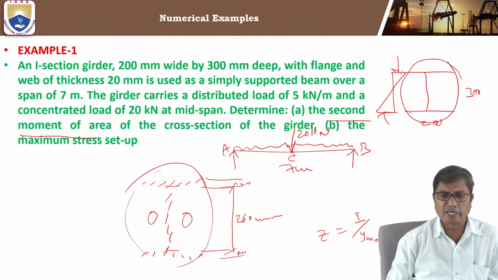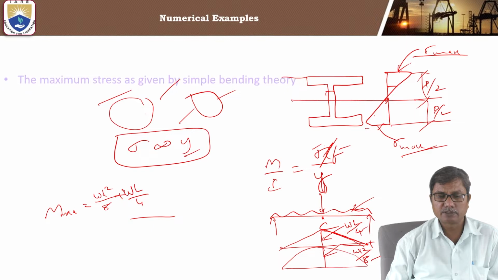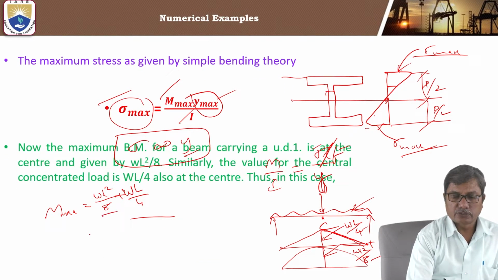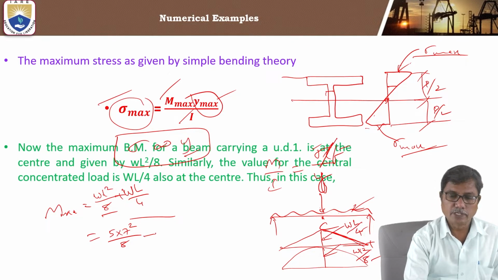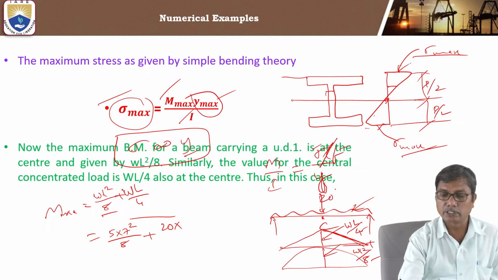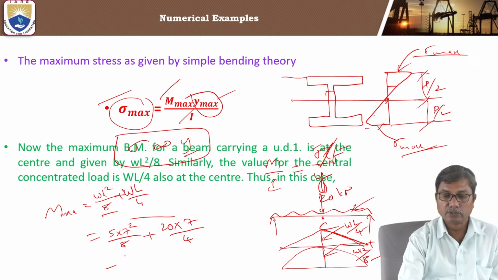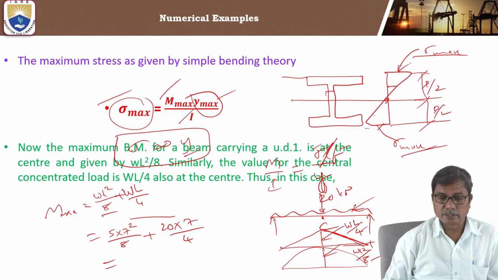The span is 7 meters. So WL square by 8 means 5 into 7 square by 8, plus W, the capital W point load of 20 kilonewtons, into L, 7, by 4. This is in kilonewton meters.